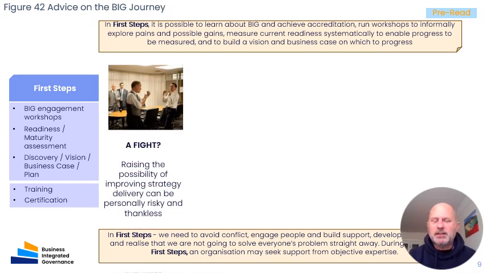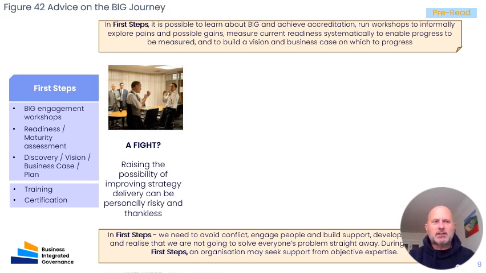The first steps process itself, then, some things that might be useful to think about. Firstly, we don't need to make this a fight. As soon as we start making a fight out of discovering where we are, we'll have antagonists, not protagonists. So let's try and avoid confronting.